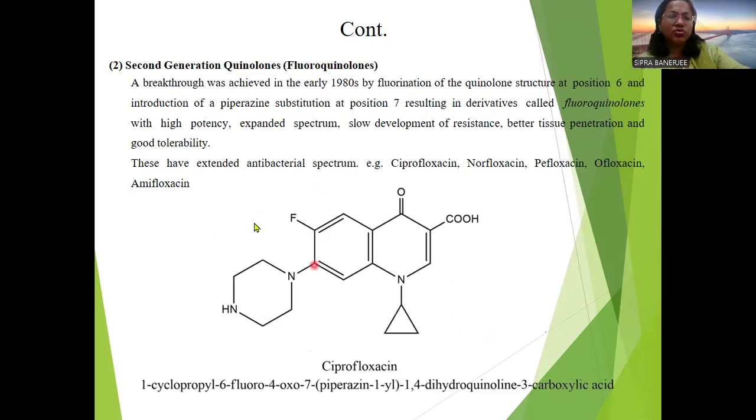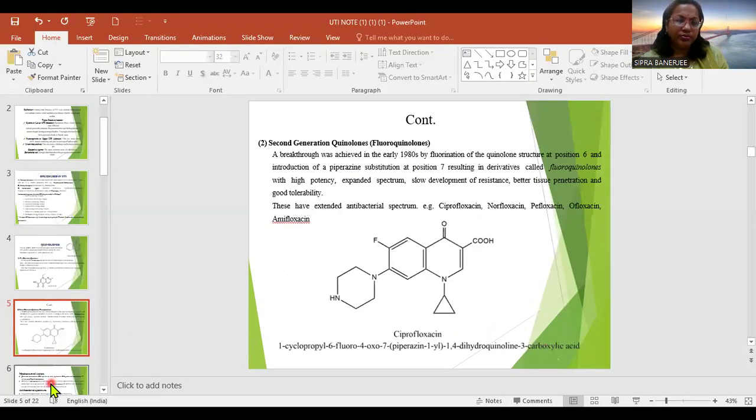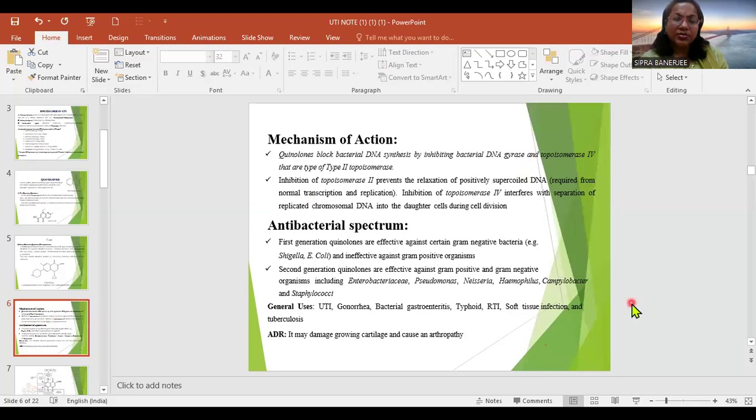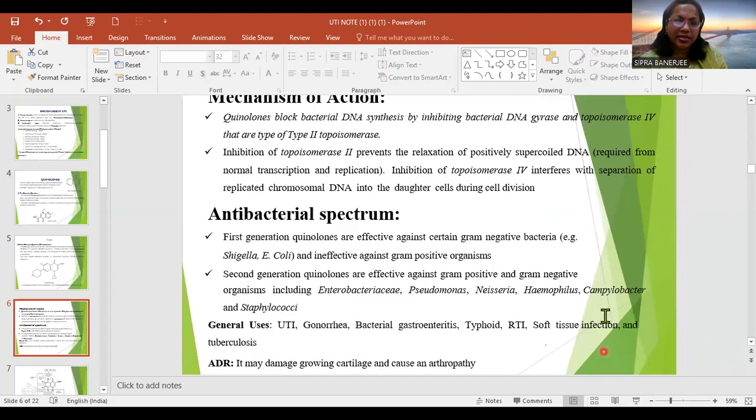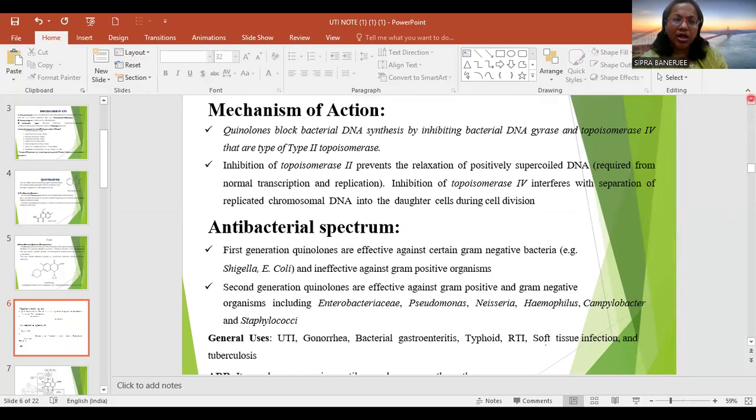Now coming to the next structure. The mechanism of action: these drugs generally inhibit the bacterial DNA gyrase enzyme. Quinolones block DNA synthesis and replication by inhibiting DNA gyrase and topoisomerase 4, which are type 2 topoisomerases.